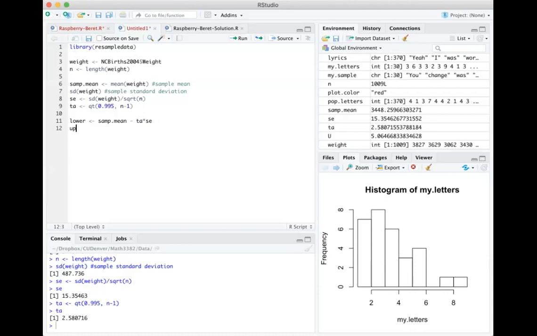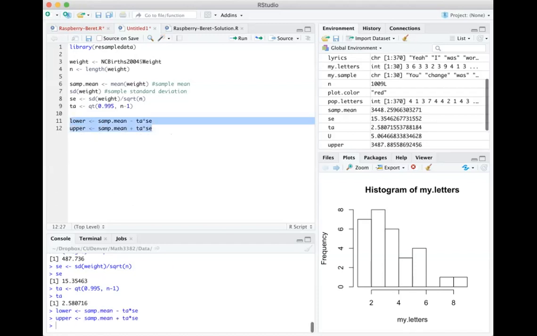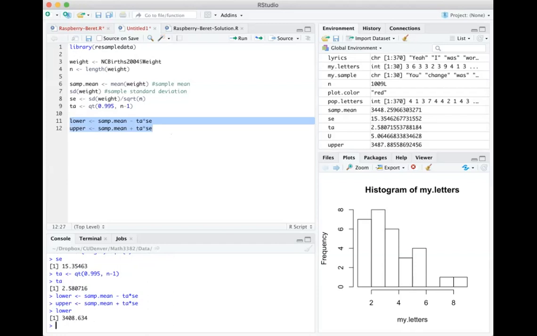And then for the upper cutoff, we're going to do the same. We're going to take our samp mean, and now we're going to add TA times the standard error. And so now let's see what we get. Our lower limit is 3,408.6.